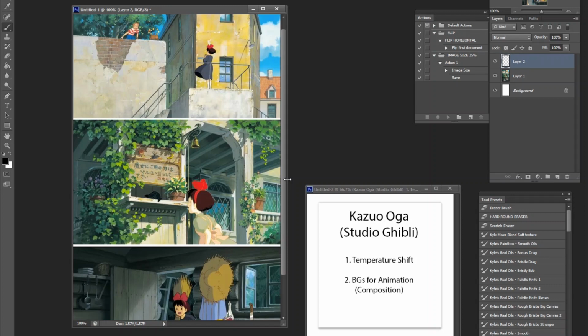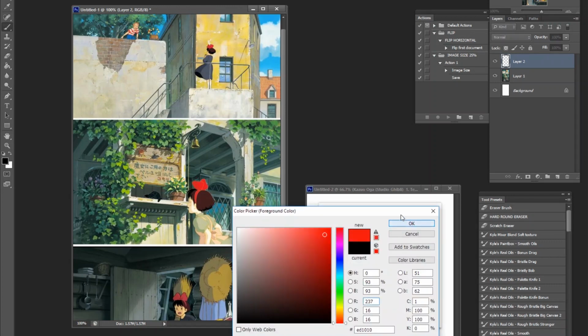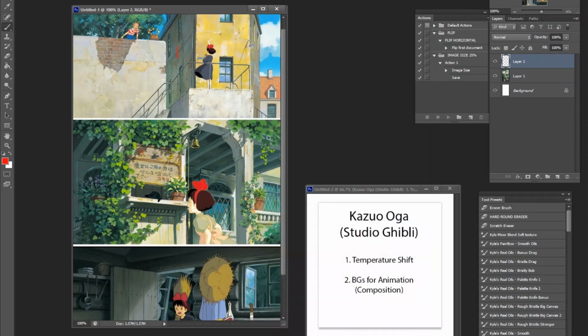Now, anyways, I'm going to go back to the idea of temperature shifting, which is a realism painting fundamental. And what I mean by this is, let's just ignore the characters for now. There's a rule of thumb when it comes to environments, or anything rather, and it's that when you have two different planes, so in this case, one is in shadow, two is in light, the more important thing to note is that there has to be a difference when it comes to temperature shift, no matter how subtle.